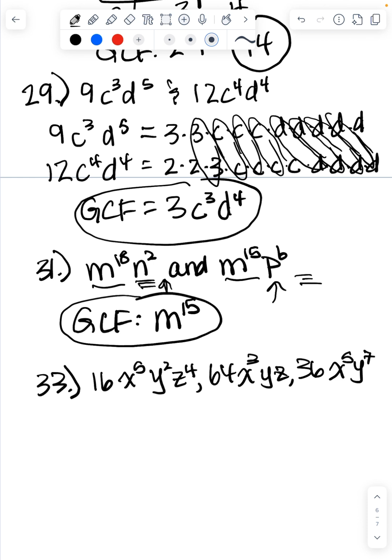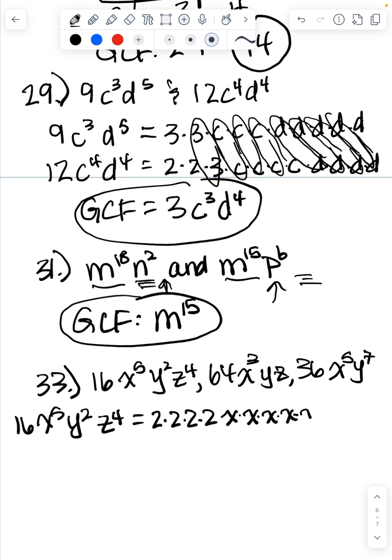Okay, so let's see. 16 x to the 5th y squared z to the 4th is going to be 2 times 2 times 2 times 2, and then 1, 2, 3, 4, 5 x's, y, and z, z, z, z.